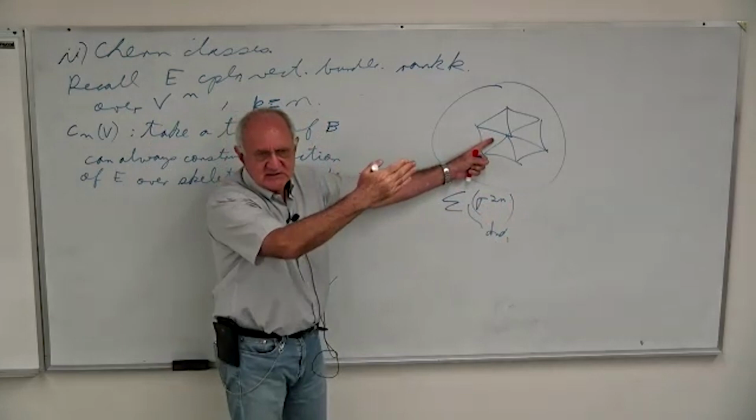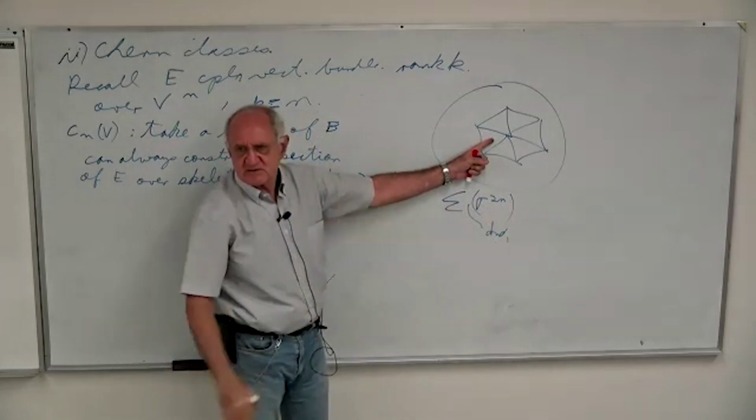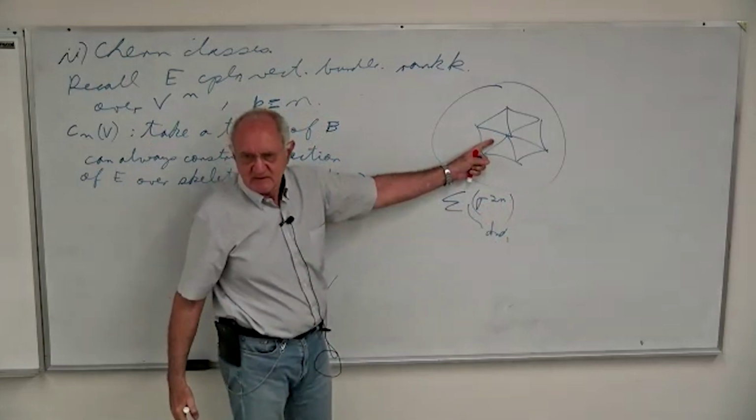Okay? You get a cocycle, and that is by definition the top dimensional Chern class.